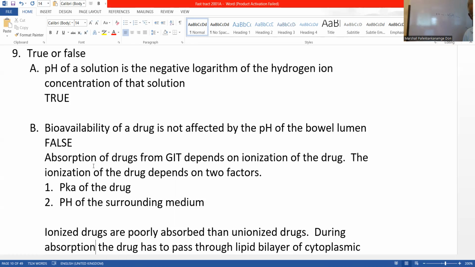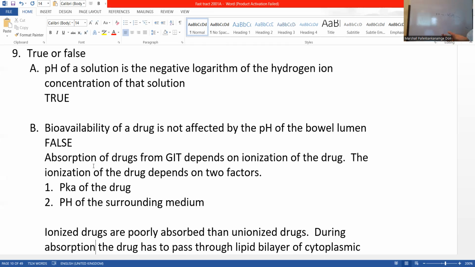The bioavailability of a drug is not affected by the pH of the bowel lumen. Lumen means the inside of the bowel. That is false because most of the drugs are weak acids or weak bases.